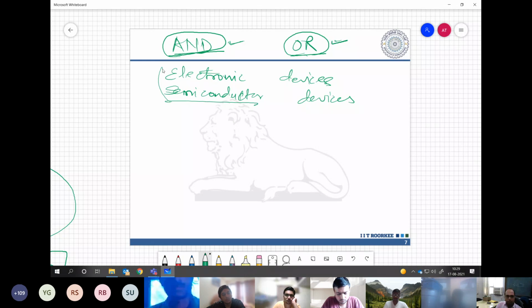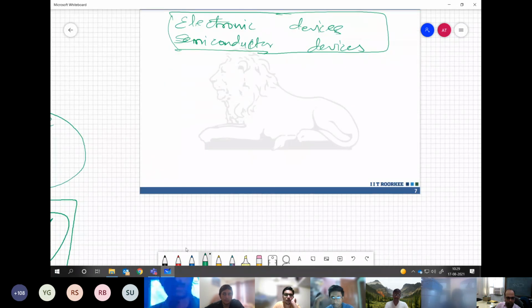Can you name a few? Combination of some transistors. No, you have to name the device, not combination and all that. That we will go into later on. Diode. Yes, the most basic semiconductor device which we must be aware of is the diode.